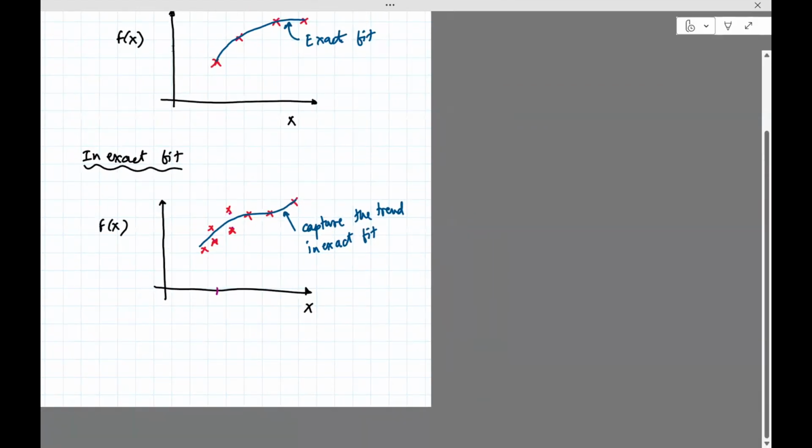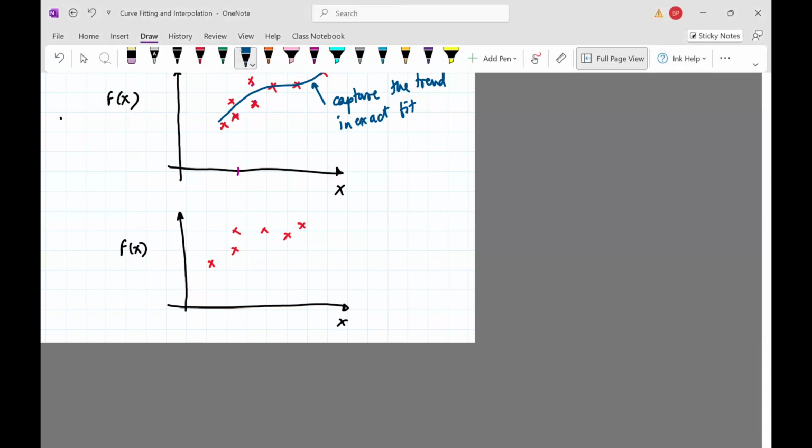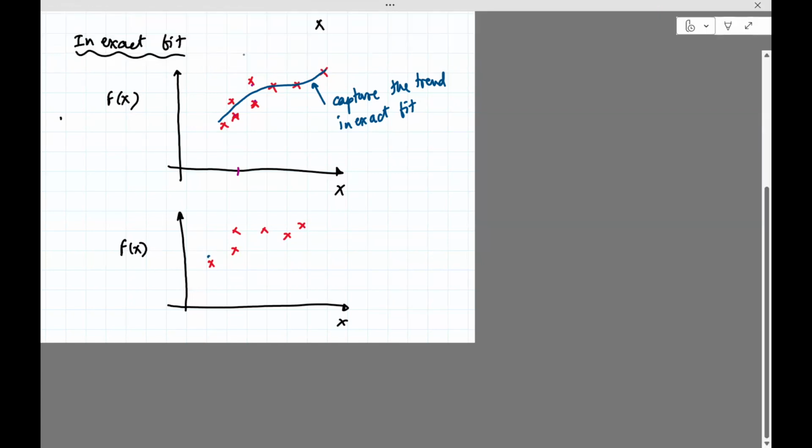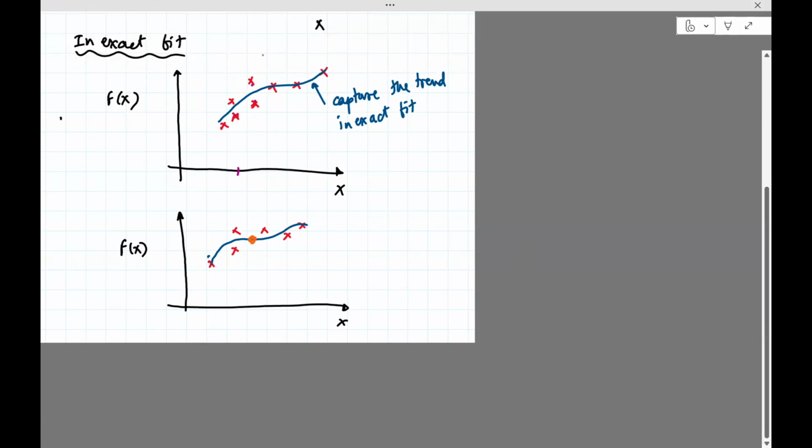So for example, let me just move this around, stop here, and then we fit a line, or a curve, which explains the data. Sometimes we are interested in knowing what happens at a point which is not being measured directly.